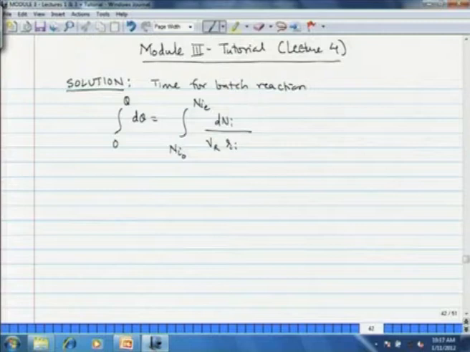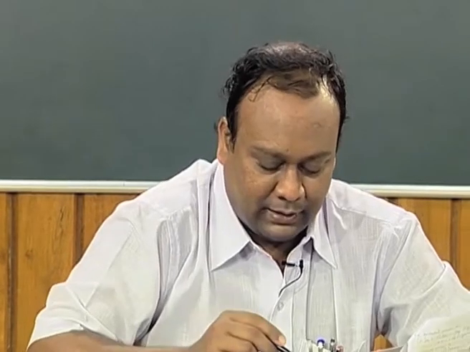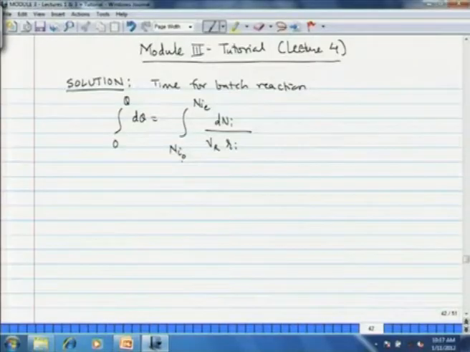This is the general rate expression for batch reactors that we had seen in the previous lecture. Ni are the number of moles of the reacting species, 0 indicates the initial moles, e indicates at equilibrium, and Vr is the volume of the reactor.